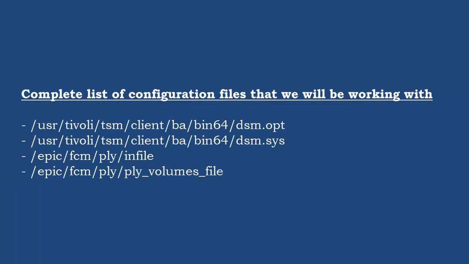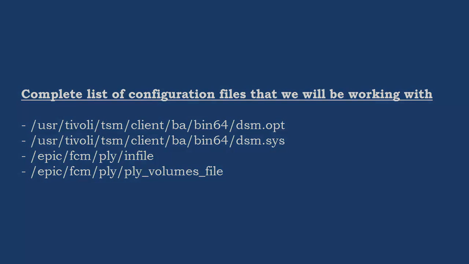Here's a complete list of configuration files that we'll be working with. The dsm.opt file for Tivoli Storage Manager, the dsm.sys file for Tivoli Storage Manager, the in file for FlashCopy Manager, and the volumes list file for FlashCopy Manager. Here is the contents of the dsm.opt file on both the production server and the backup server.